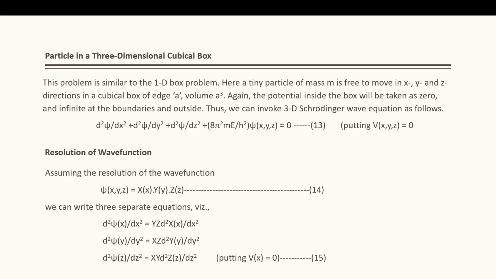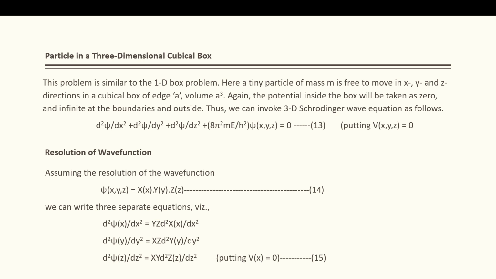Now we take up a three-dimensional box of edge a. We will write the Schrodinger wave equation in 3 dimensions. Then what we will do, we will first resolve the wave function psi into 3 components, x, y, and z, each depending on a single variable.